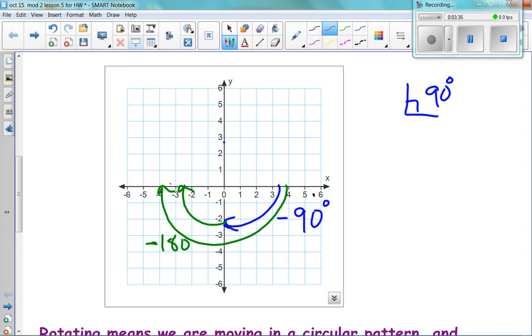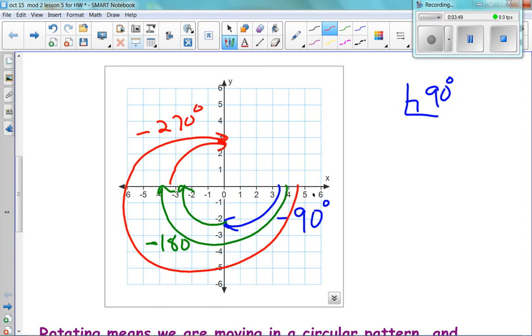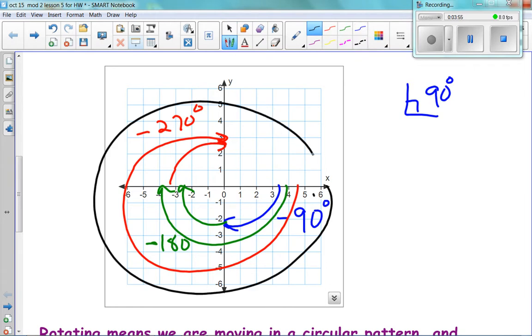If we wanted to continue another negative 90 degrees, if we started at the beginning and went in the same direction, it would be negative 270 degrees. And if we wanted to continue from where we started in a clockwise direction, that would be considered rotating negative 360 degrees.